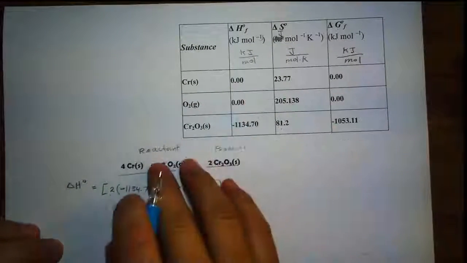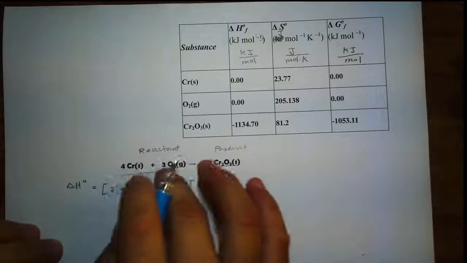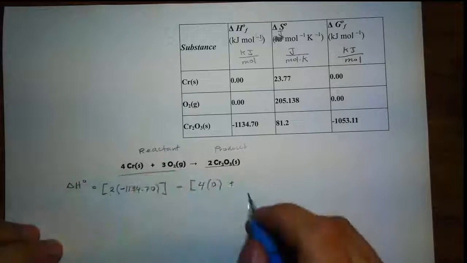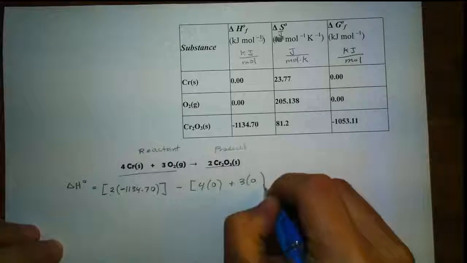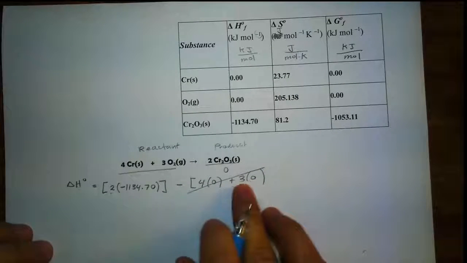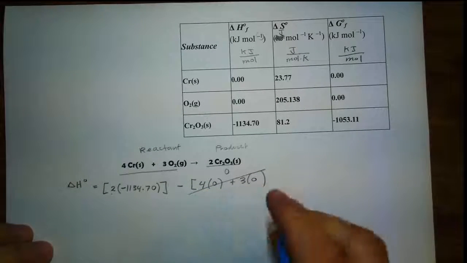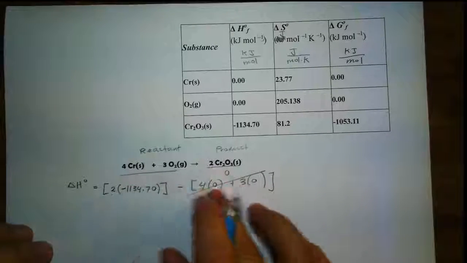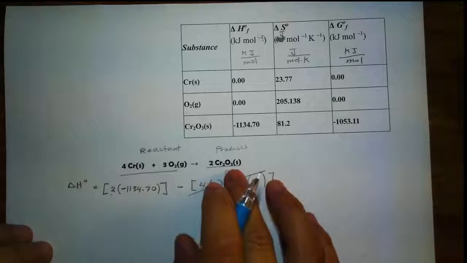So even without looking at the table, we need to realize these are 0 because they are pure elements. So we have 3 times 0. Add them all together, and of course this whole thing will equal 0.